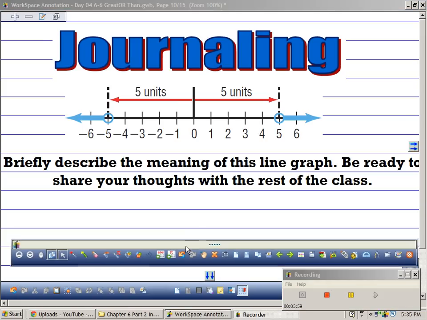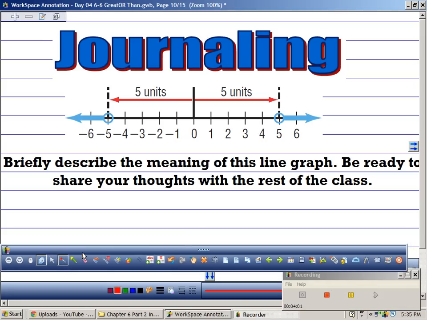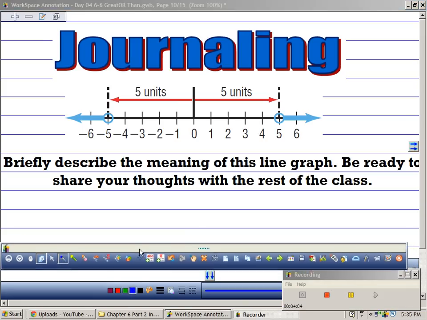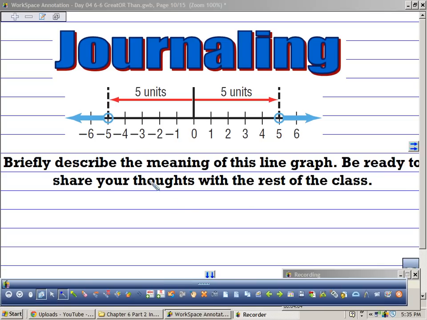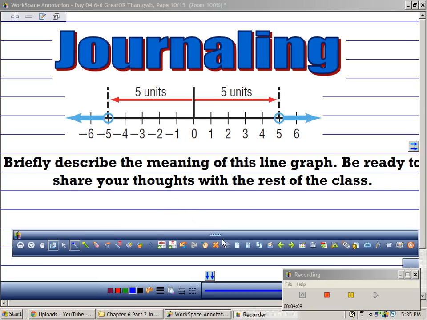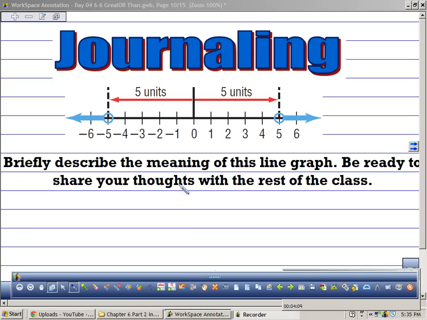We talked about that sentence frame a few days ago. And the sentence frame was, the difference between x and 0 is 5 units. Remember that?